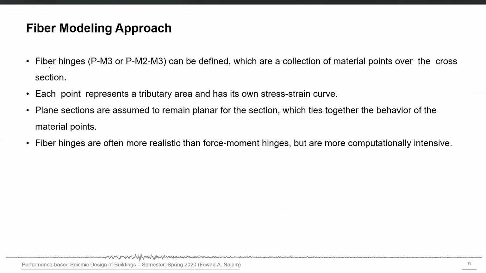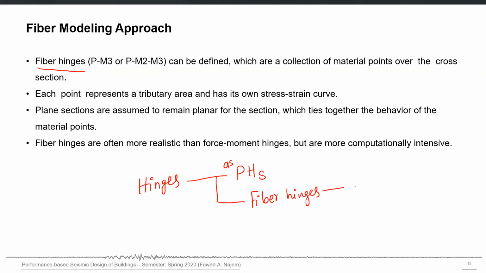So fiber hinges in ETABS can be used to implement fiber modeling. The hinges in ETABS can be of two types: they can be used as plastic hinges, and they can be used as fiber hinges. There are two types of fiber hinges available in ETABS.